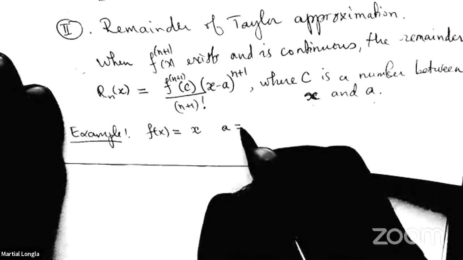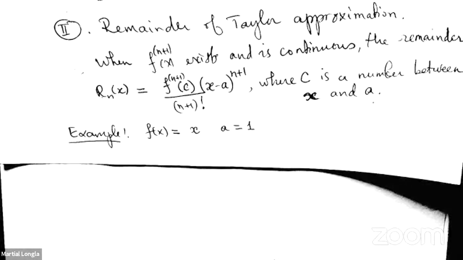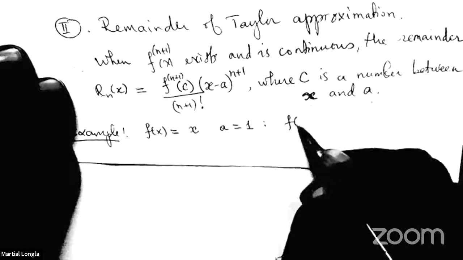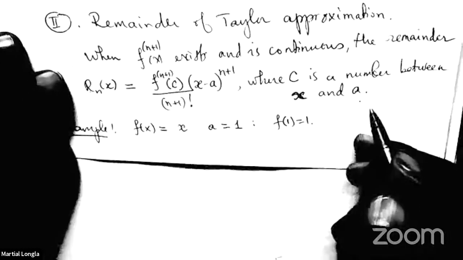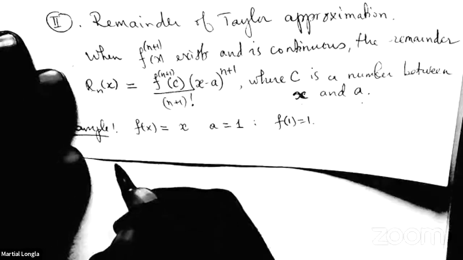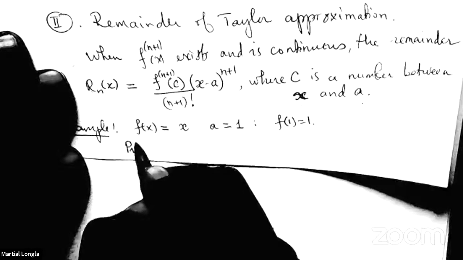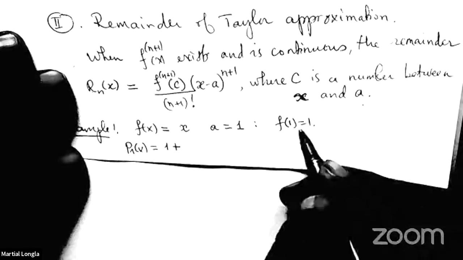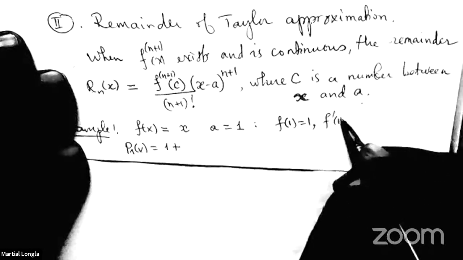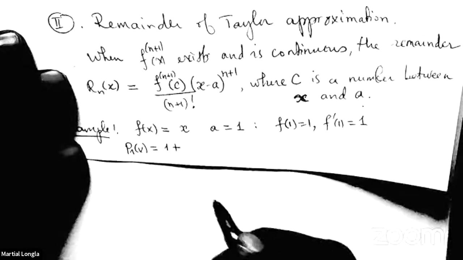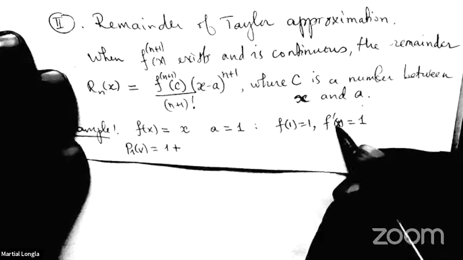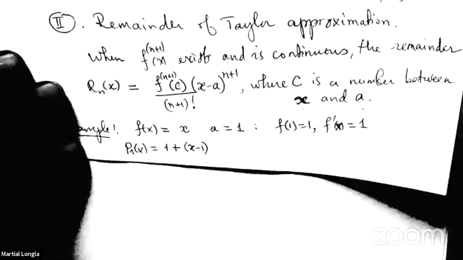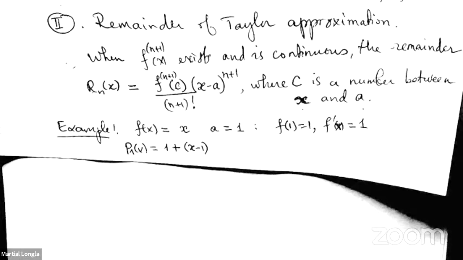So we take a equal 1 as well. So f of 1 is 1, and p1 of x is f of 1 plus the derivative f prime of 1, which is 1 also, because f prime of x is 1 for all x. So that's 1 plus x minus 1. So that's p1 of x.